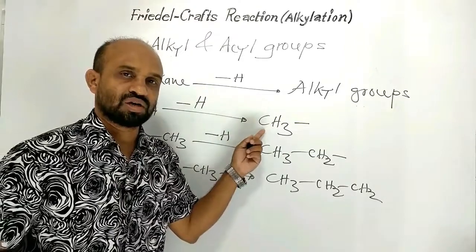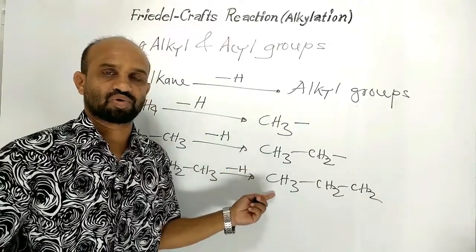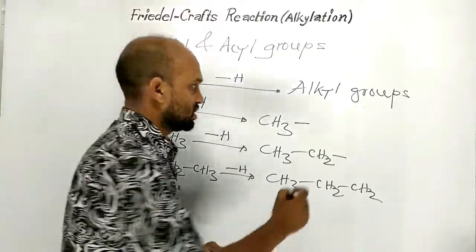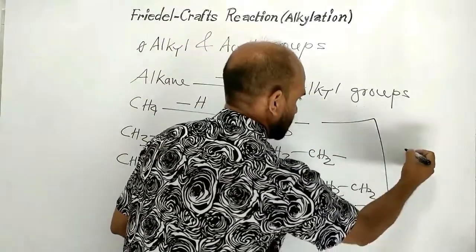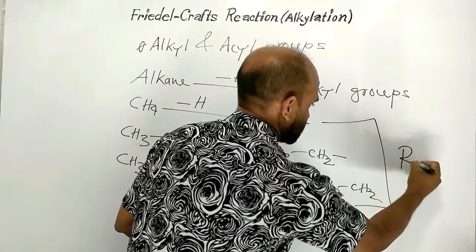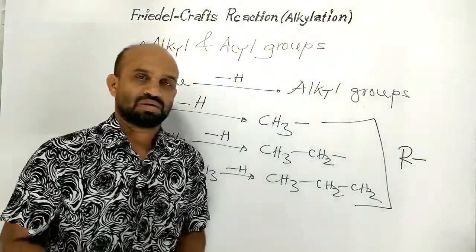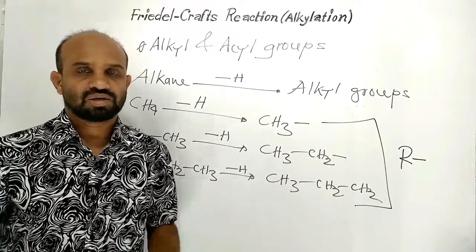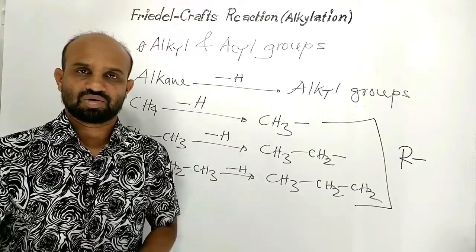So methyl, ethyl, propyl, these are alkyl groups. Alkyl groups are denoted by R. This is capital R, indicates alkyl groups.